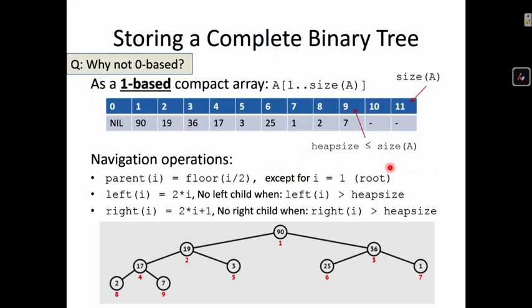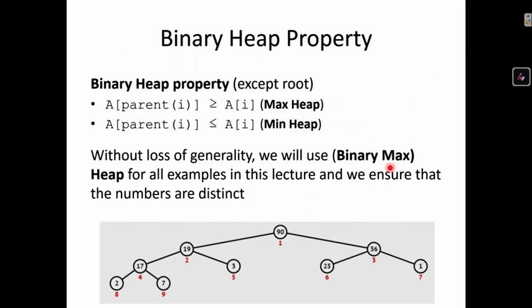Other than the binary heap being a complete binary tree, which is the structural property of a binary heap, it also needs a property on the items stored inside it. We call this the binary heap property.